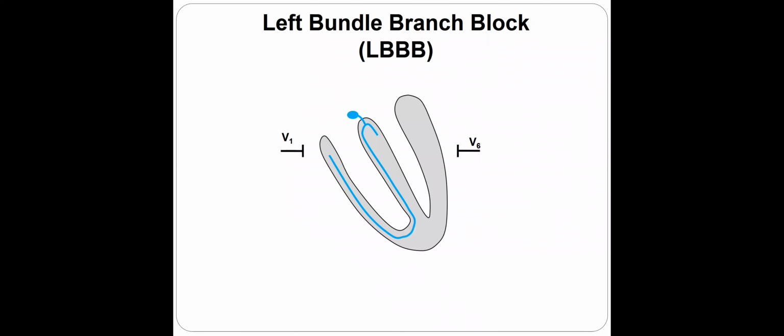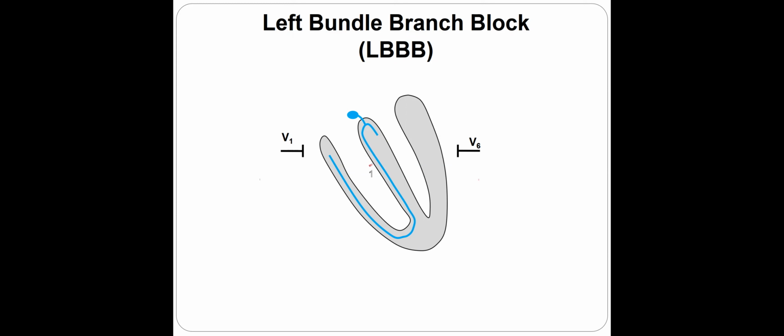Now, let's see what happens when we have a left bundle branch block. In the case of left bundle branch block, the septal activation is altered. Normally 90% of the impulse comes from the left side and 10% from the right side, so the septum can be activated only from the right side.